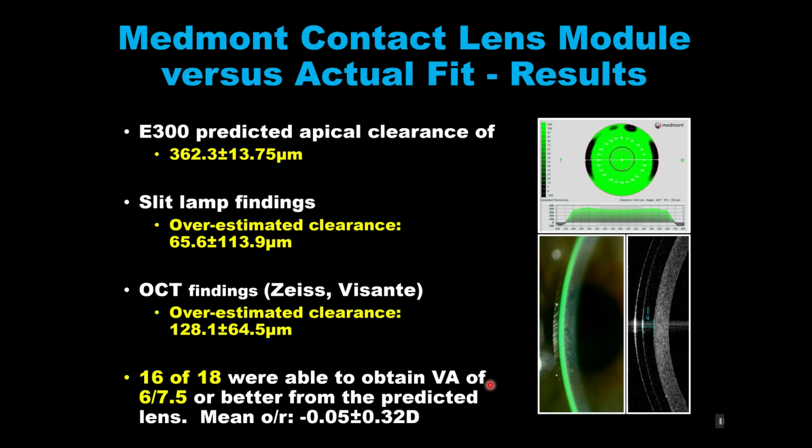Now, is it actually accurate for building a scleral lens when the Medmont E300 is really a corneal topographer? It's not a scleral topographer. Well, this study done by Young, Wright, Sobara, and Haynes showed us that a Medmont topographer used in combination with the ICD FlexFit could pretty accurately choose the right sagittal depth of initial lens, and that it could also predict the lens power within a reasonably accurate level of predictability.